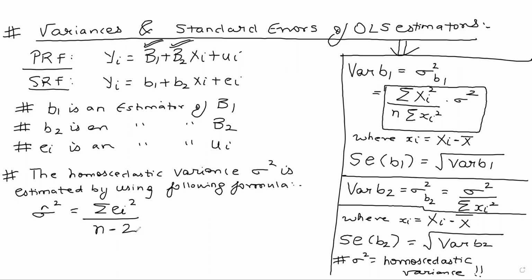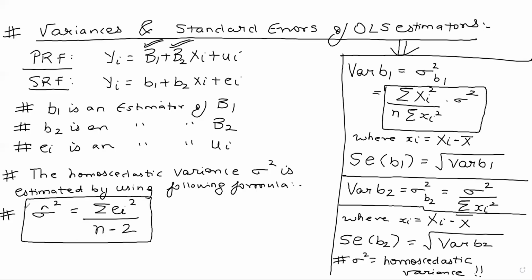So sigma square is the population homoscedastic variance, but we do not know the population. So an estimator of sigma square is given by sigma hat square. Sigma hat square is something which we get from the sample. This is summation ei square. Summation ei square is also called the residual sum of squares.